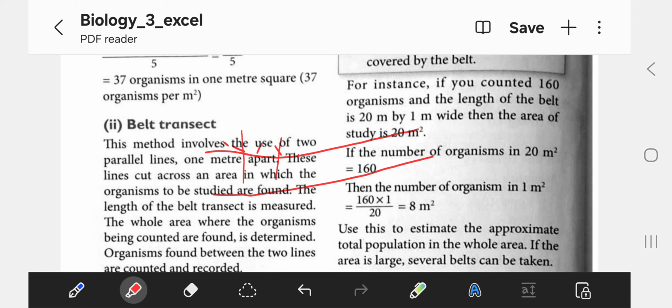Then you can move these lines to another place like this one. You also count how many organisms are between the lines.